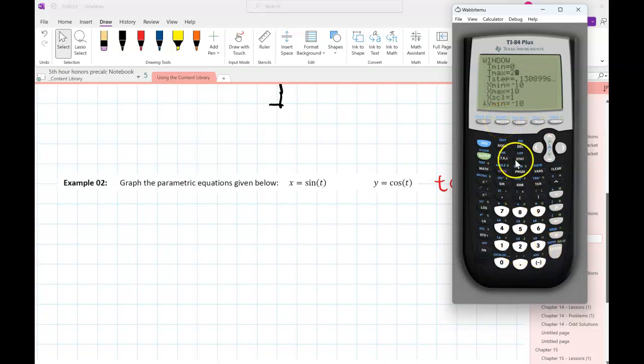Think about the unit circle. What are the coordinates on the unit circle? Cosine theta comma sine theta, right? Is it going to make a different shape if I switch sine and cosine? If I just switch the coordinates of the unit circle? It's going to be the same thing, right? Let's hit graph. Oh, look at that cute little unit circle it drew in there for me.